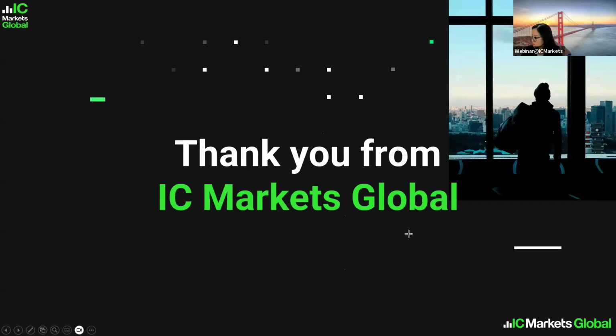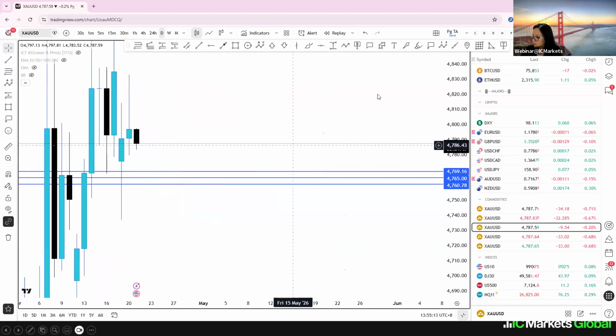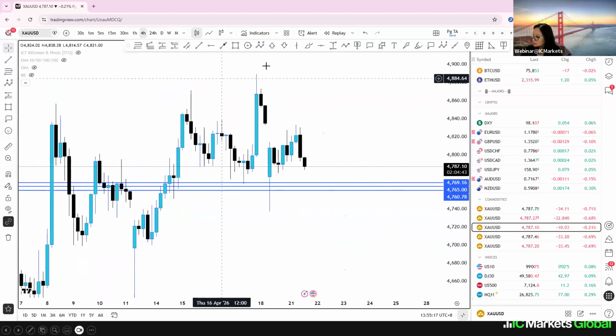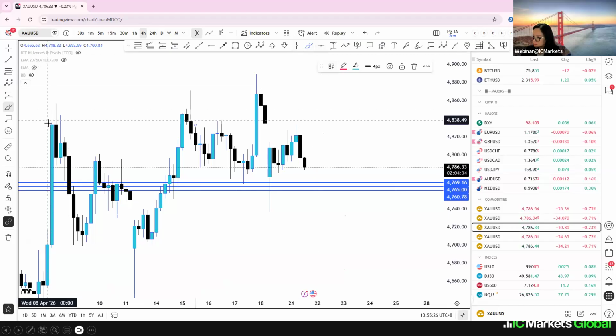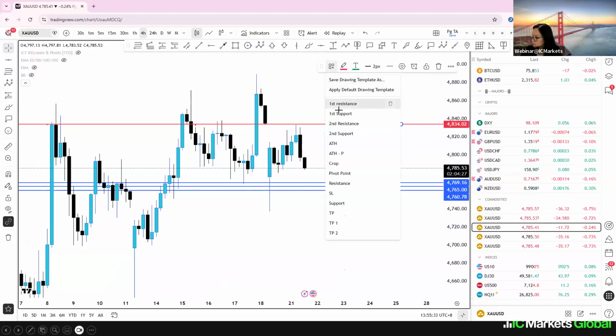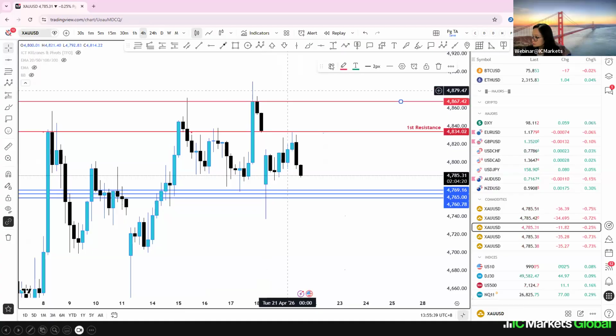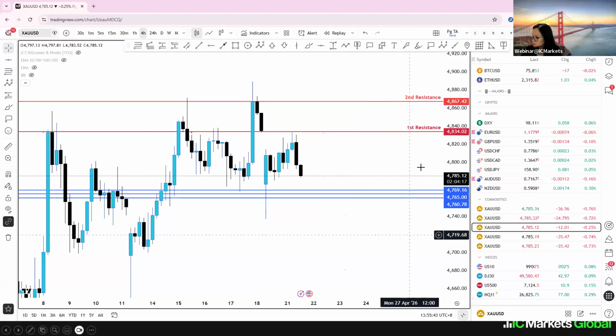Okay, let me identify the key levels for you guys, for gold. Let's just set this one today at the resistance level, first resistance, second resistance.